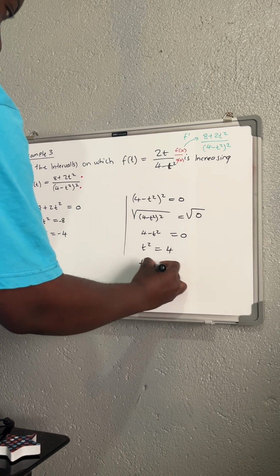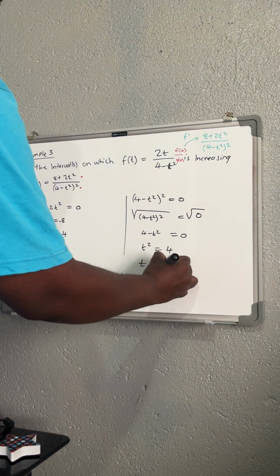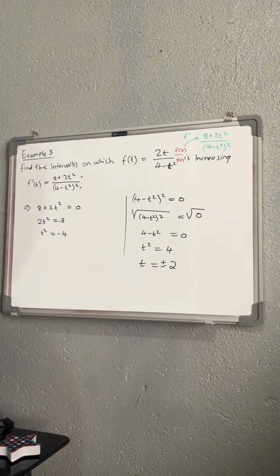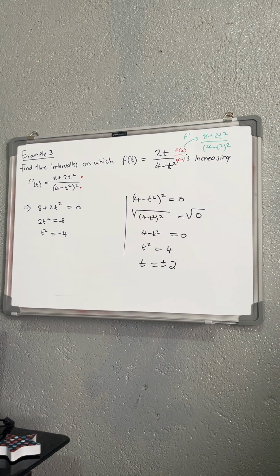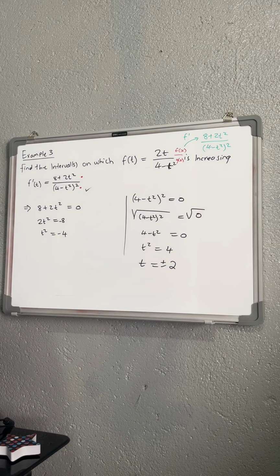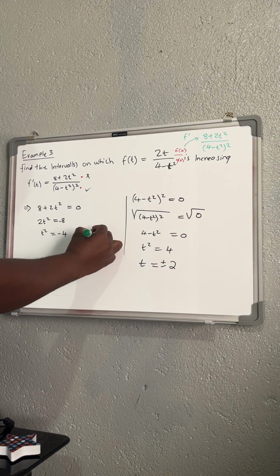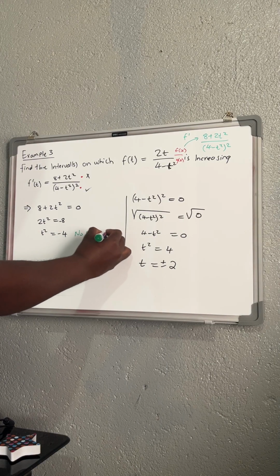Then you can conclude that your t is equals to plus or minus 2. You see? So with this one, it was able to give you the answers, but this one we had no solution. So you also have to write here that for this one, no solution.